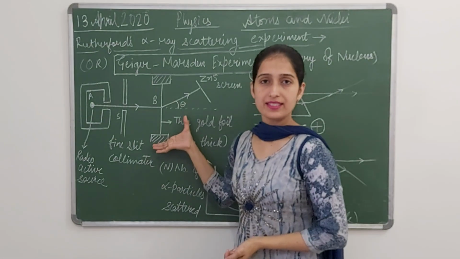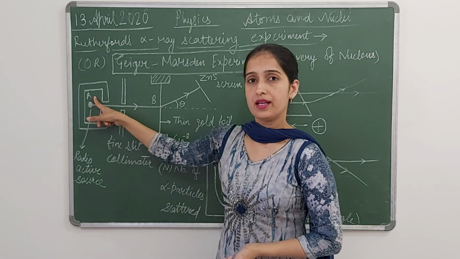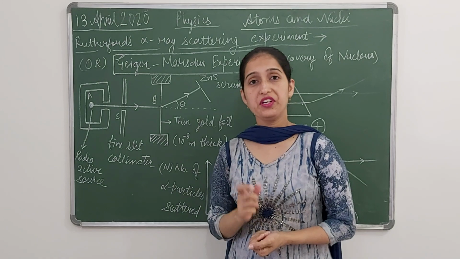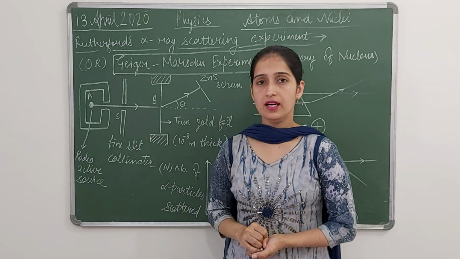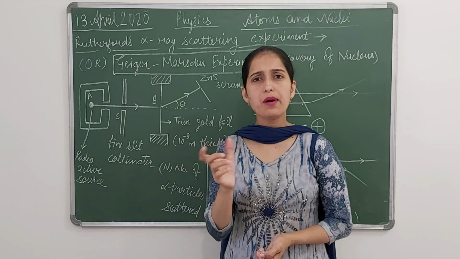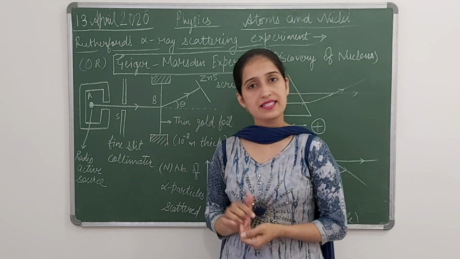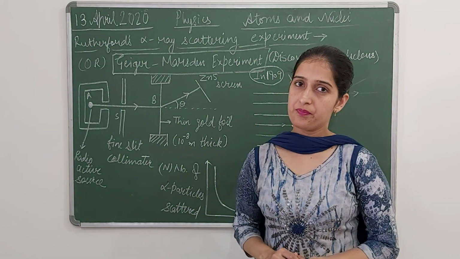Diagram, I think it's clear to you. A is an element, a special element, a radioactive element. I think you know something about radioactive substances and radioactivity. In the same unit, we are going to discuss radioactivity in detail.